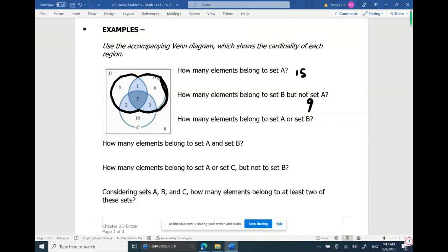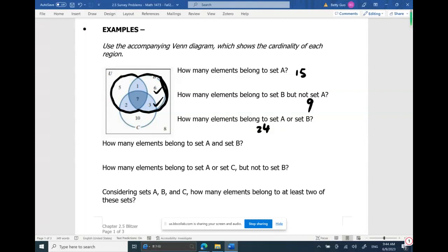We have 15 here, and add 6 and 3. 15 plus 9 gives us 24, right? Okay.